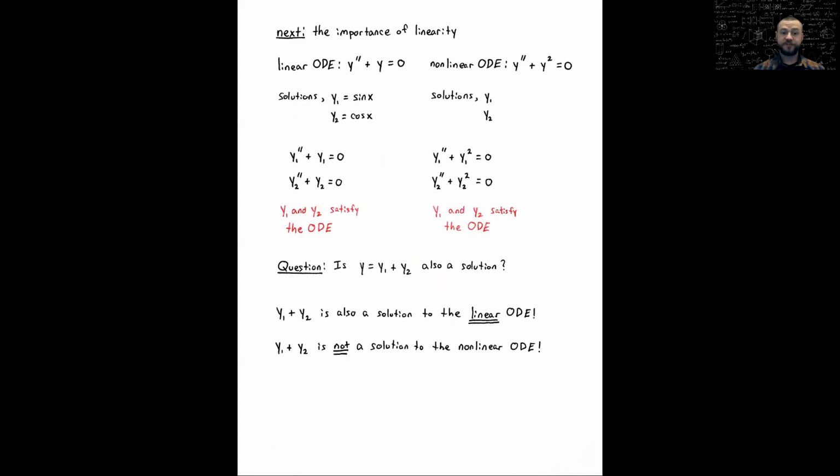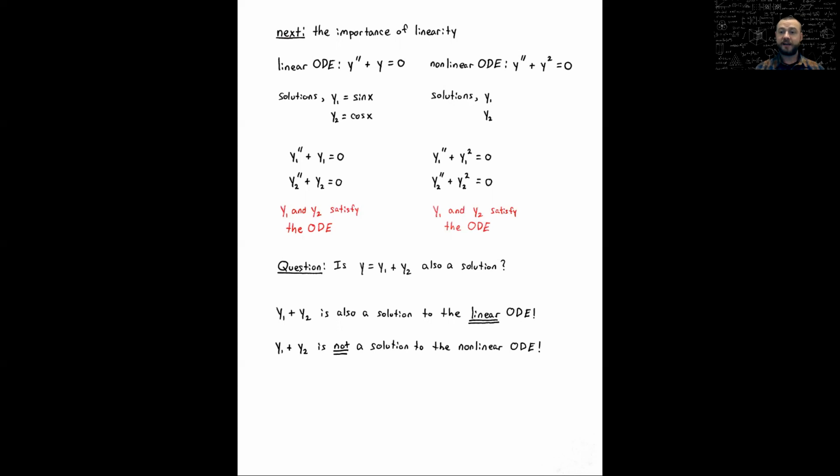So let's go ahead and make that precise with our first theorem or result on second order ODEs. Just to summarize what we went through, y1 plus y2 is a solution to the linear ODE. y1 plus y2 is not a solution to the nonlinear ODE up there.